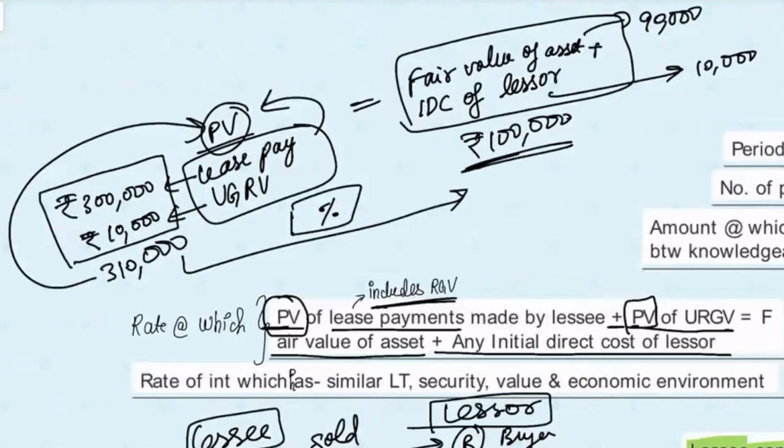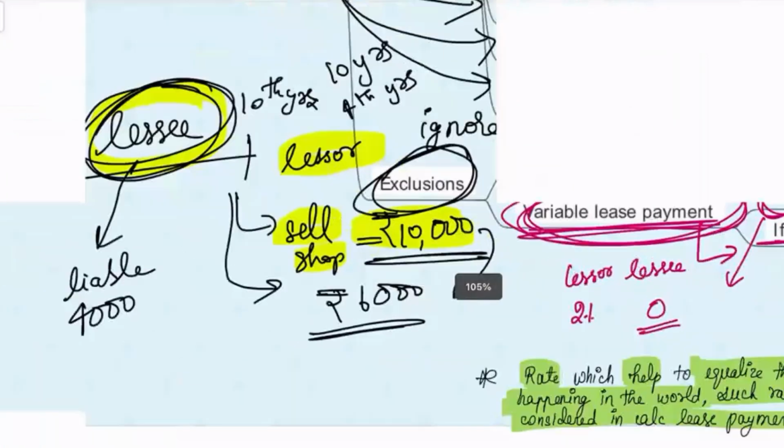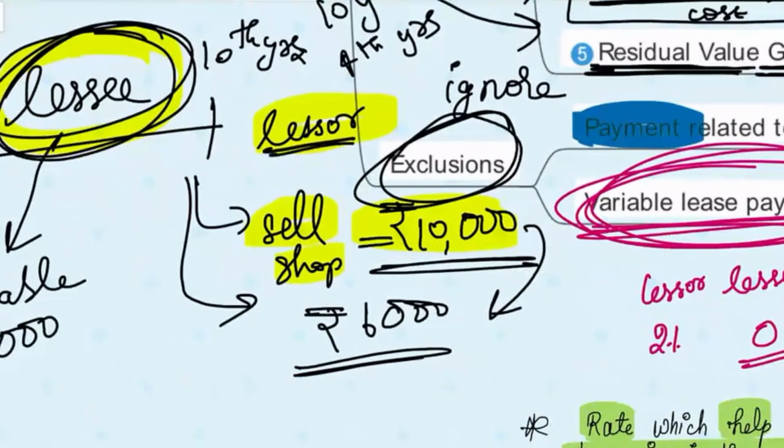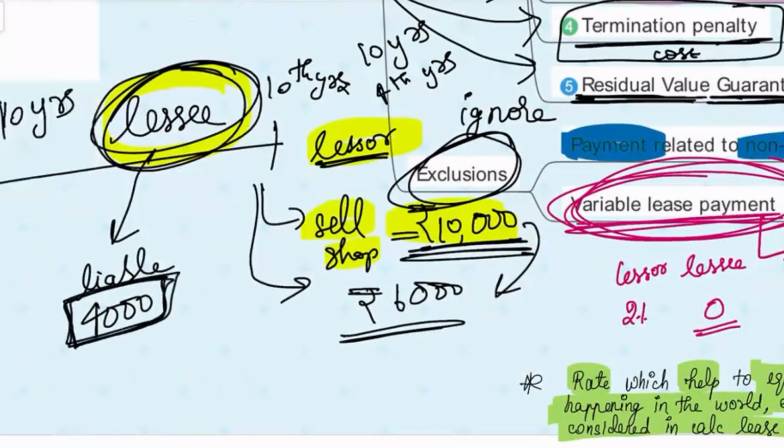Usually it will be given directly in your question. Many might also have a doubt: how are we going to find out the present value of UGRV? What is unguaranteed residual value? I've told you, when I was explaining an example related to residual guarantee value, that if the lessor is expecting a total of 10,000, and out of that 10,000, suppose we have given a guarantee that minimum 4,000 we will pay, then the rest of it, 6,000, which is left unguaranteed, will be known as your unguaranteed residual value.